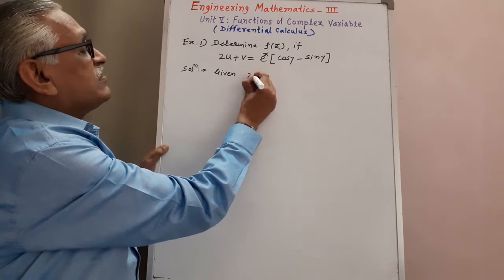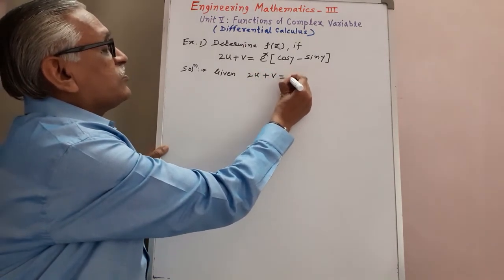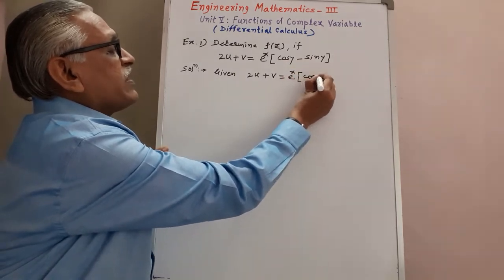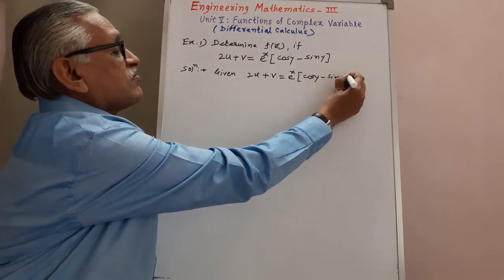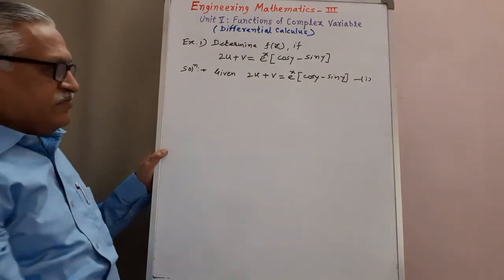Given 2u plus v is equals to e raised to x cos y minus sin y. We call this as equation number 1.